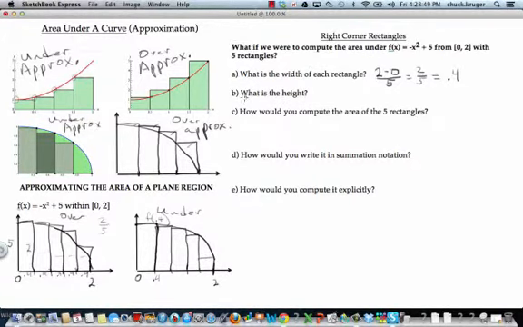So my first height is f of 0.4. My second height is f of 0.8. My third height is f of 1.2. Okay, here's 0.4, here's 0.8, here's 1.2.